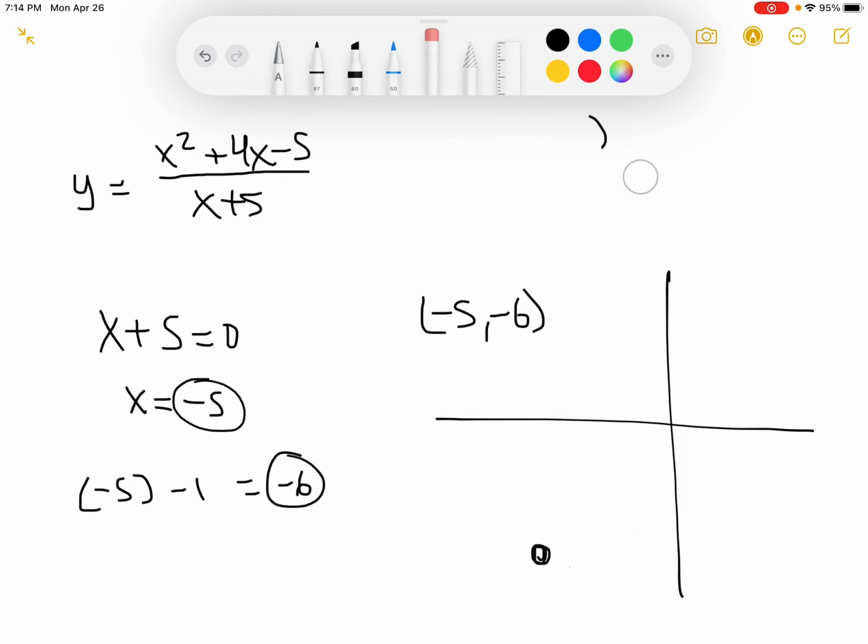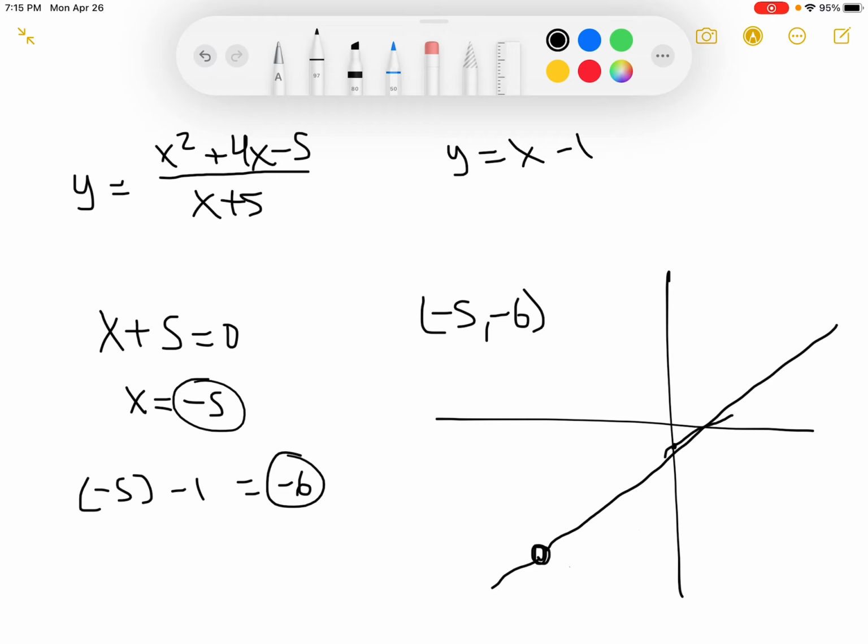That's back to old linear functions: we know that's our y-intercept, so we put that there. Slope is 1, so it's going to be something like this.